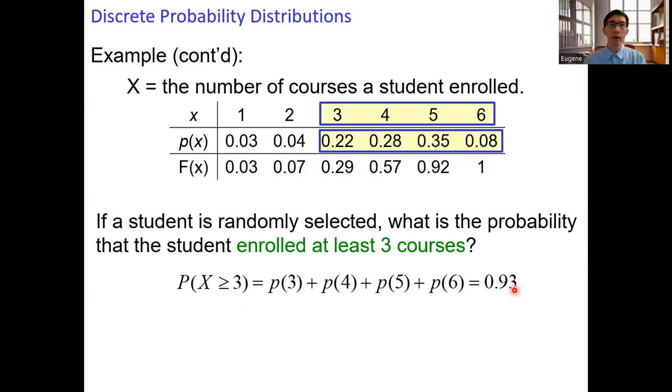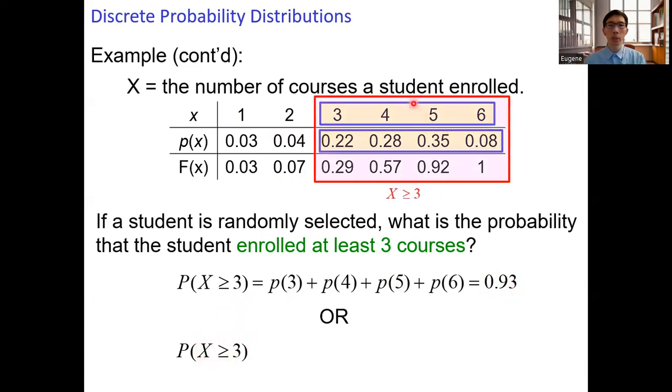Let's make use of the value of the CDF. The event X greater than or equal to 3 corresponds to the values X equals 3, 4, 5, and 6. And then the remaining values of X equals 1 and 2 correspond to the event X less than 3. The event X less than 3 and the event X greater than or equal to 3 are mutually exclusive, and they are exhaustive events.